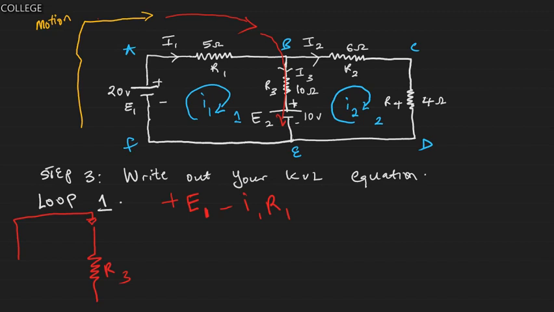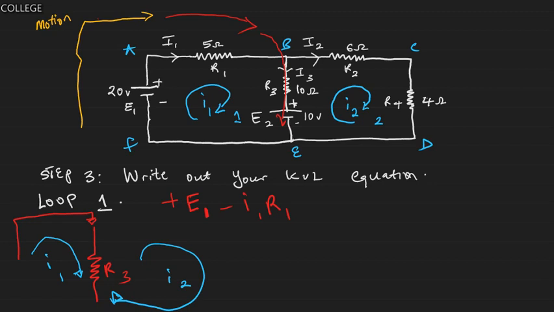So mesh current I1 flows through it, and another mesh current I2 flows through it, but in the same clockwise direction. Now we need to analyze this component R3 from two different perspectives.